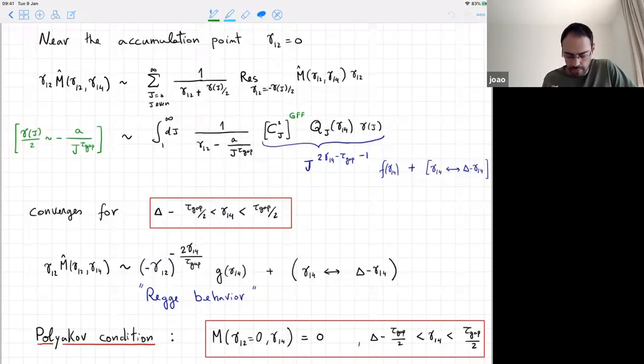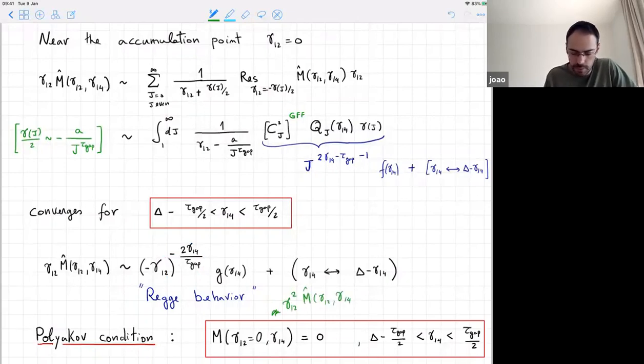And so now the non-perturbative Polyakov condition would be, if this exponent is less than 1, so the Mellin amplitude, sorry, maybe I should write. The Mellin amplitude is just what is here, gamma 1 2 squared times M hat in this limit, where gamma 1 2 goes to 0.